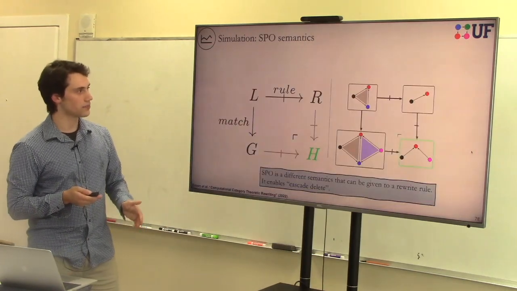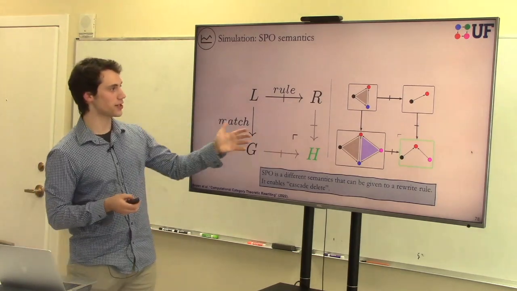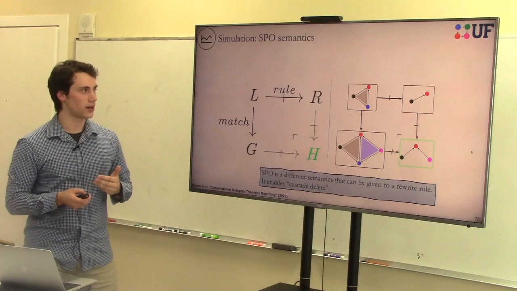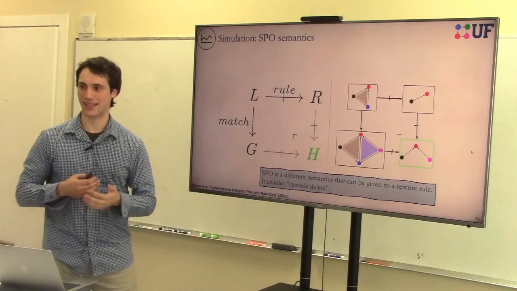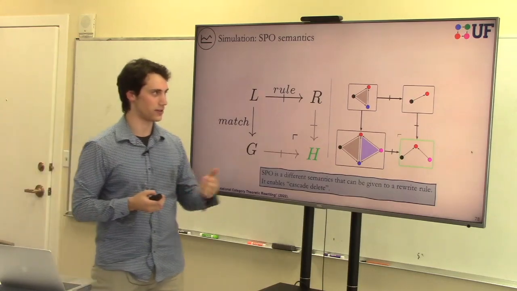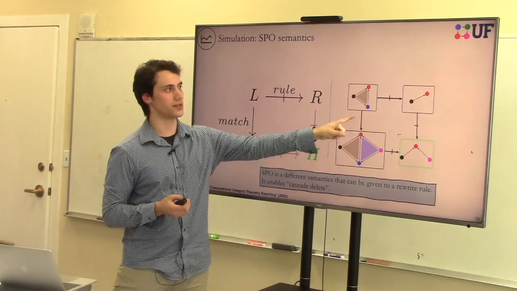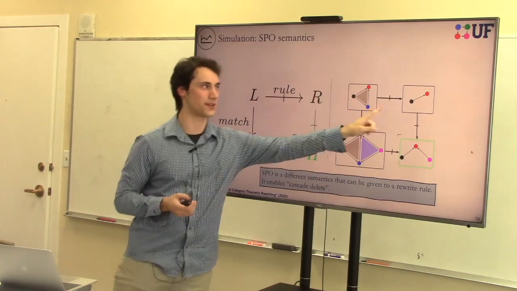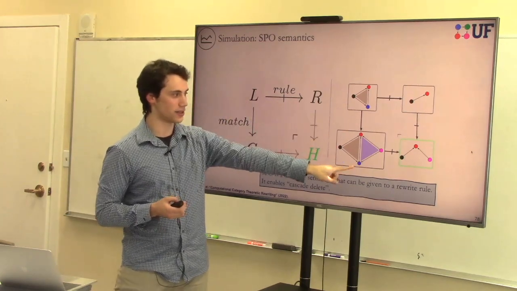I want to also mention that what I showed you was called double pushout semantics. There's a notion of single pushout semantics, where the real difference is that when you delete something, it has this cascade delete effect. So in this example, I have a blue dot here that is deleted, and you know it's deleted because it appears on the left but does not appear in the middle. And now I want to essentially delete the blue node here.